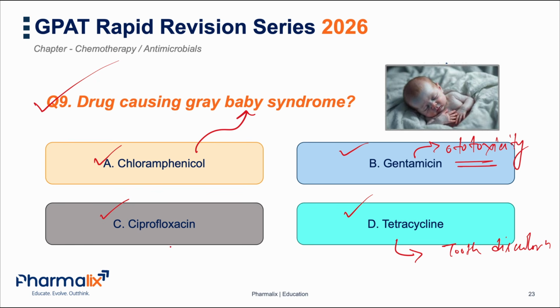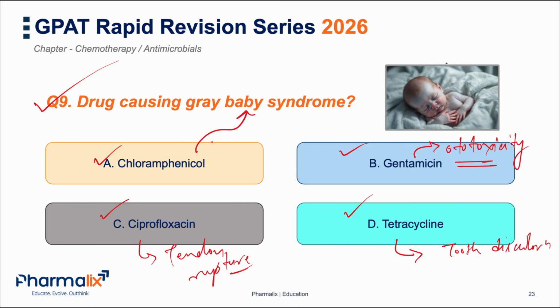And if we talk about ciprofloxacin, ciprofloxacin causes tendon rupture. And chloramphenicol, of course, the grey baby syndrome. And apart from that, this is only seen in neonates, and this is also due to the immature liver.